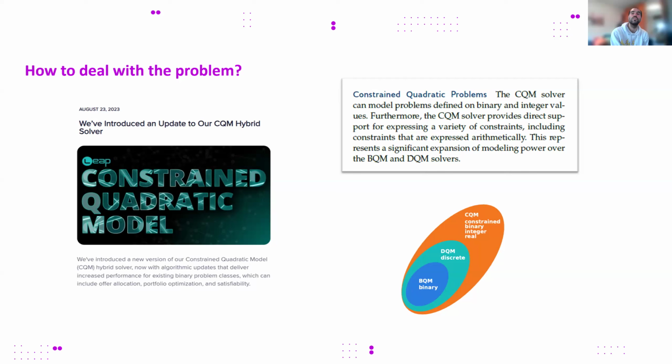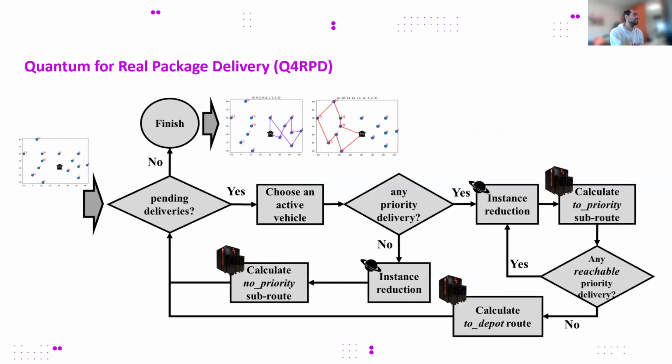We have used the CQM solver of D-Wave, and we have built an iterative solver that mainly solves three different kinds of routes: the to-priority subroutes, the to-the-pod subroutes, and the last ones that we have called no-priority routes.